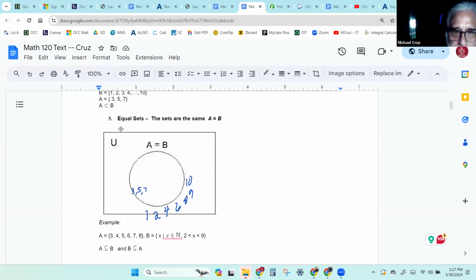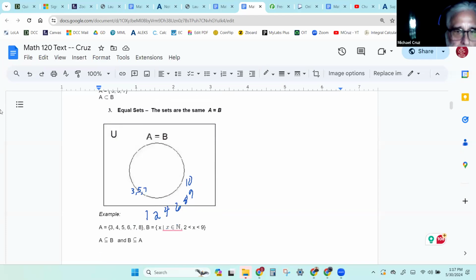All right. And if 2 sets are equal sets, then the only way you can really establish them visually in a Venn diagram is just to make one circle and show that that's both A and B. They're the exact same elements.